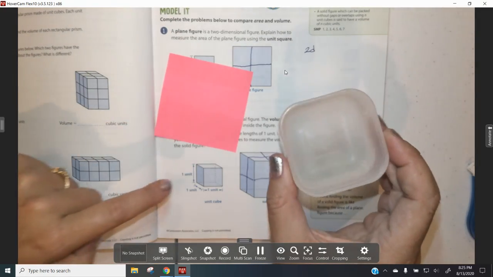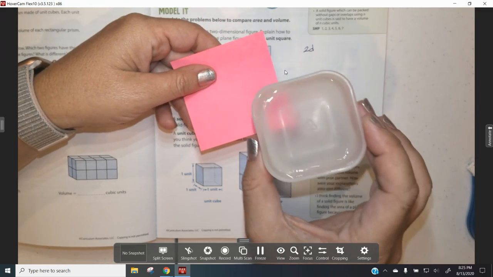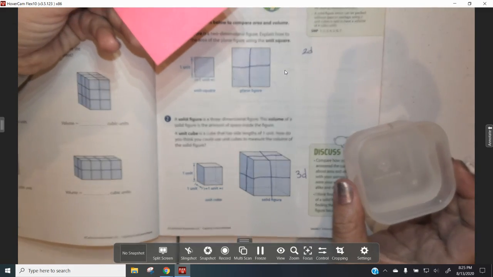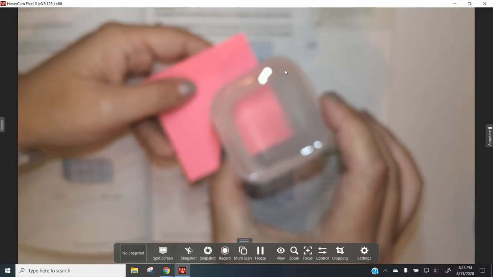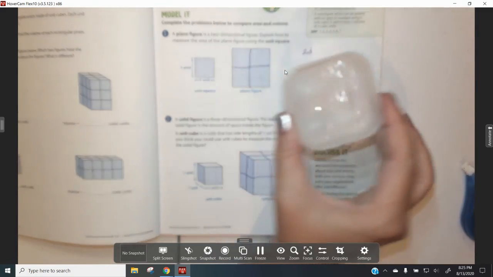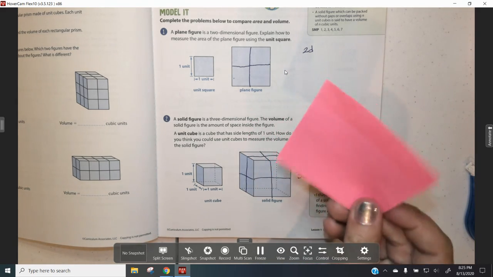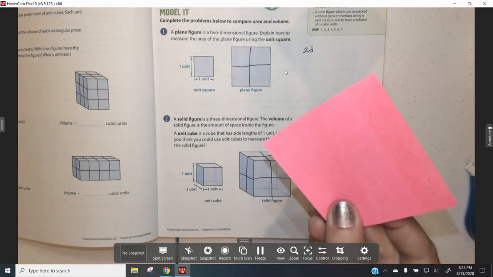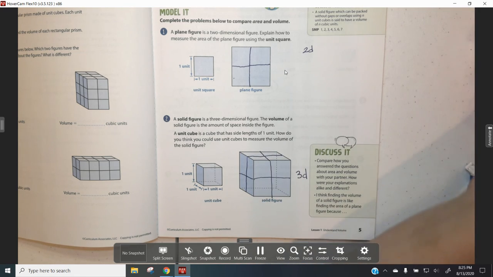So this can hold water. This piece of paper cannot hold water. If I poured this water on the piece of paper, it would just fall out all over our math worksheet. So remember that a 3D figure that measures volume can hold water. A 2D figure does not hold water, so a 2D figure cannot be a solid figure.